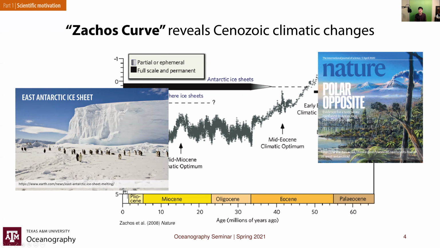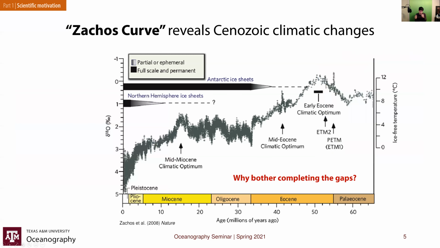And here is the East Antarctic ice sheet with all the cute penguins walking around. So that's the picture of our Earth's climate across the last 66 million years.